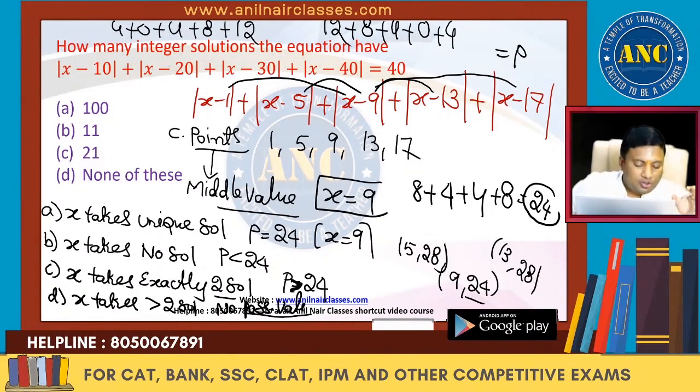X takes no solution. X takes exactly two solutions. X takes greater than two solutions. Plot, take the critical points, find out the value of x. Middle point will give you the minimum value for the function. So greater than means I might get 2 points. Less than, anyway no solution is possible.